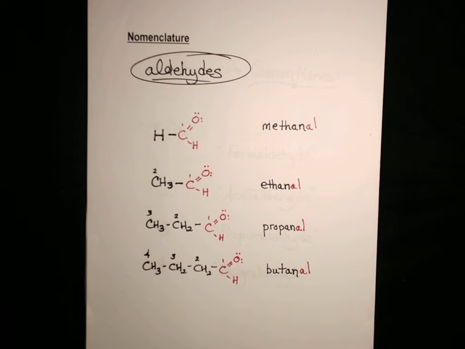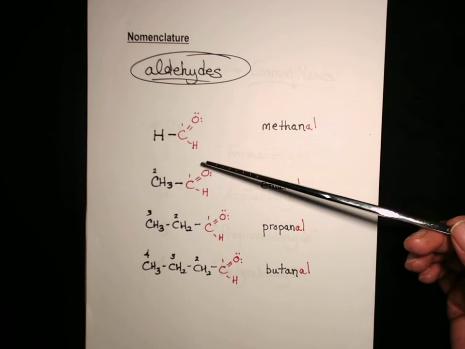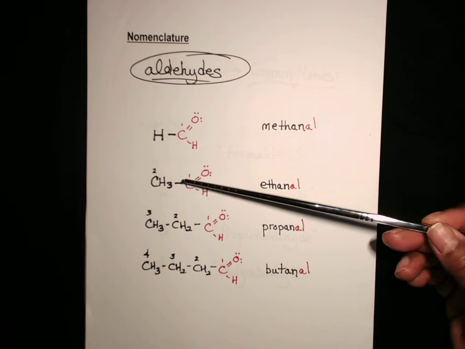If this were an alkane, obviously it would be called methane. In the case of an aldehyde, we're going to drop that final E on methane and add the suffix al. So this is the common suffix to all aldehydes, al. Methane therefore becomes methanal.